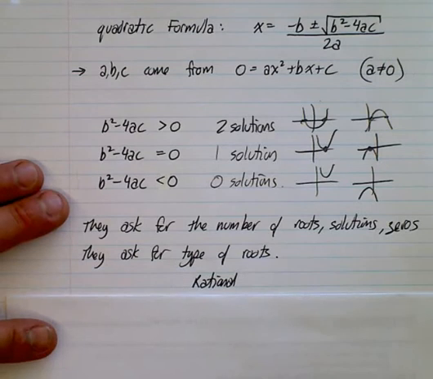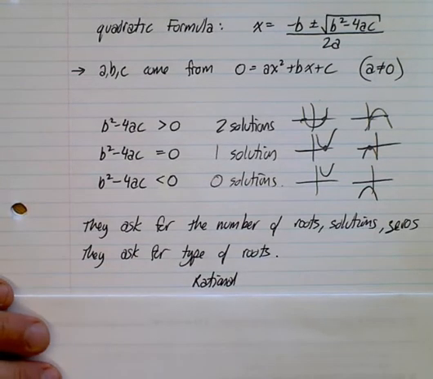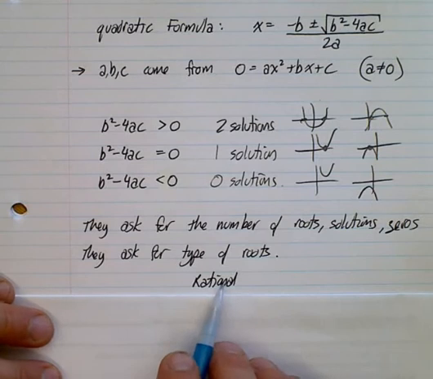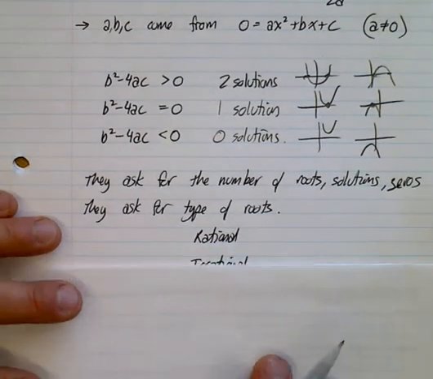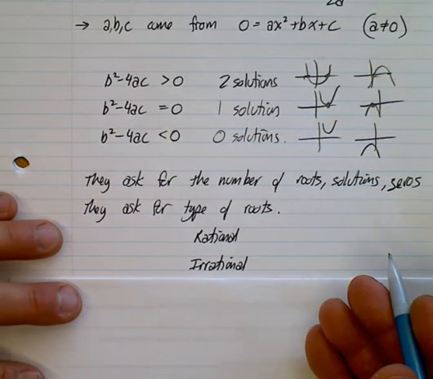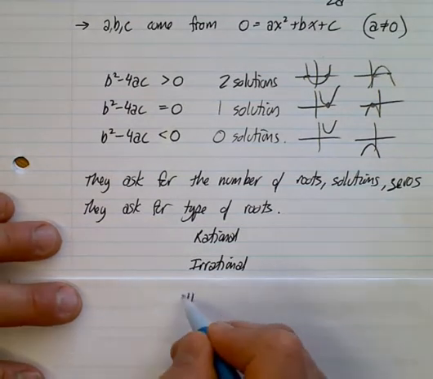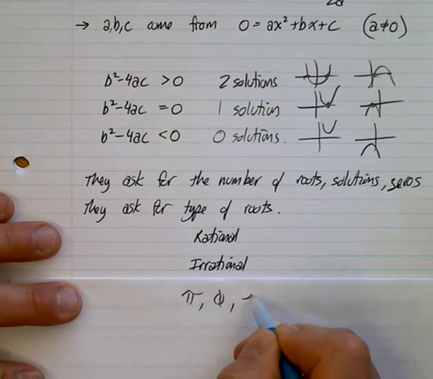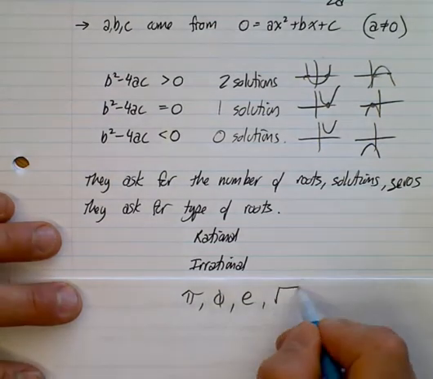So we have what we call rational numbers, okay? That encompass all your integers and all your fractions and some of your decimals and all your whole numbers, okay? These are real numbers, all right? We also have what we call irrational numbers, which are still real numbers, okay? But they are things like pi, or phi, or Euler's number, or the square root of 2.